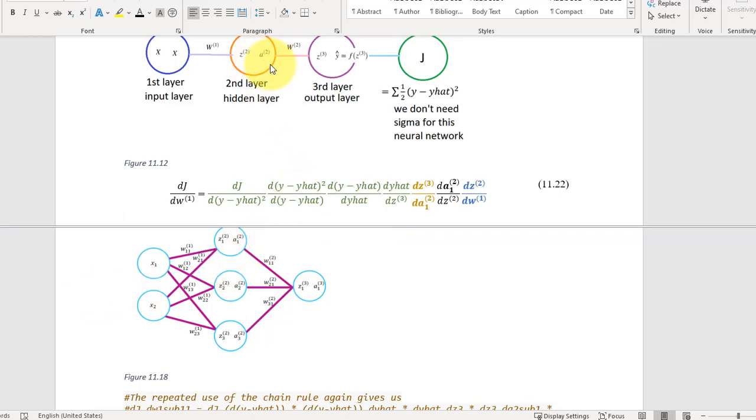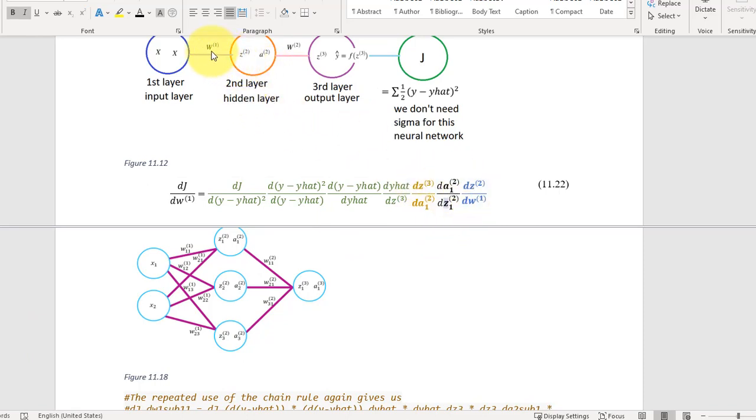And then instead of dA2 sub 1 dz2, that was for here, but now this is called z2 sub 1, so we have to change that to z2 sub 1. And here, this is z2, so I have to change that to z2 sub 1.